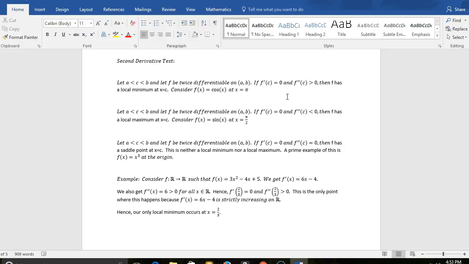But the second derivative test is actually friendlier here. If I did f double prime of x, I would get the negative cosine of x, which at pi would be the negative of -1, which is +1. And that it would be +1 is naturally greater than 0.